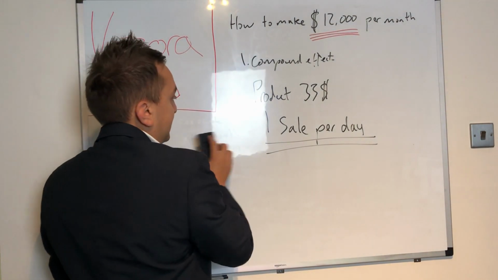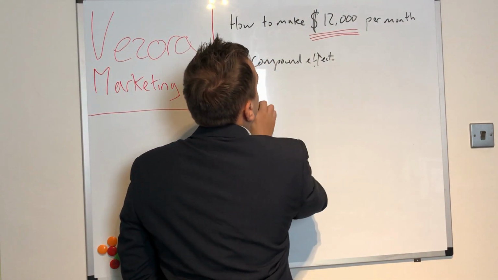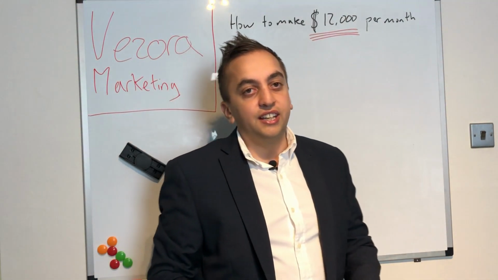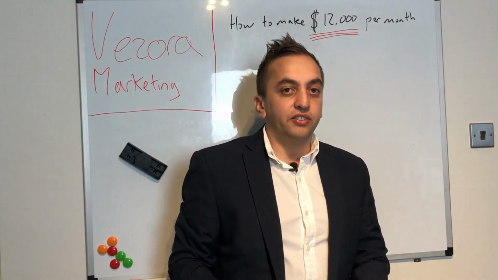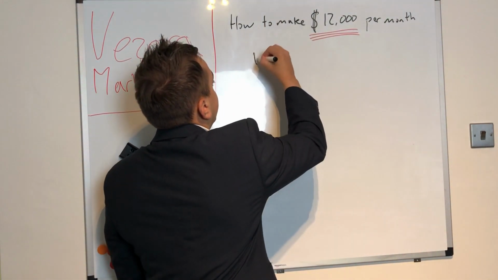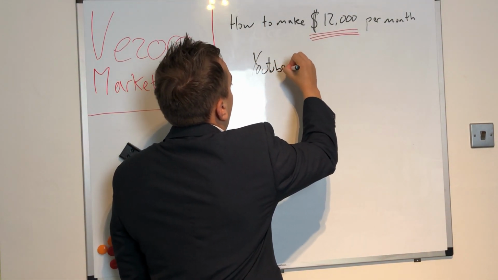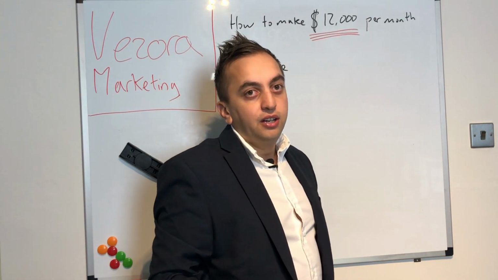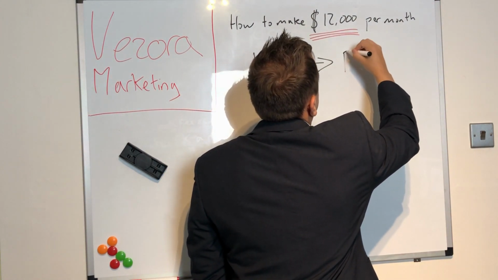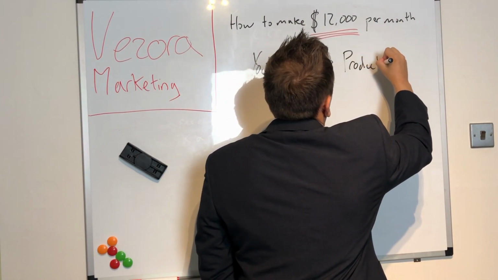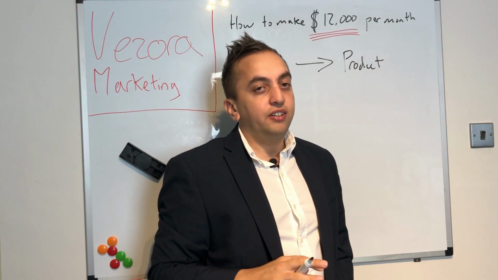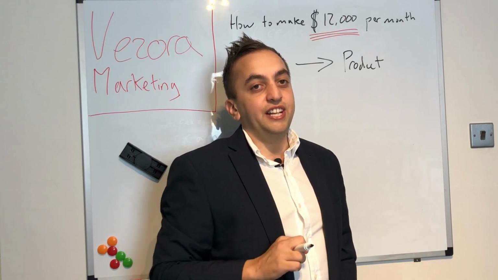Now, we've got our product, compound effect. What we're going to do is use the power of YouTube and ClickBank and our product. We're going to create a YouTube channel based around that product. Now what we're going to do next is have 20 videos.